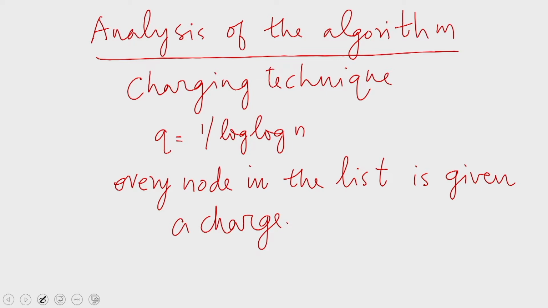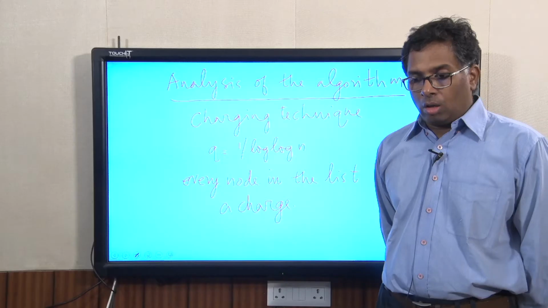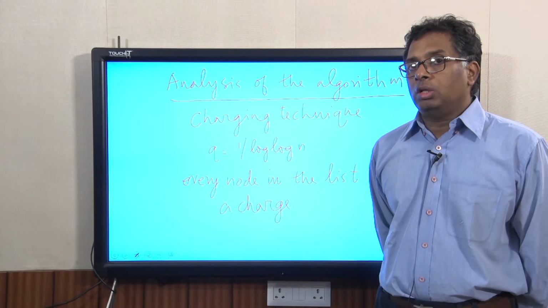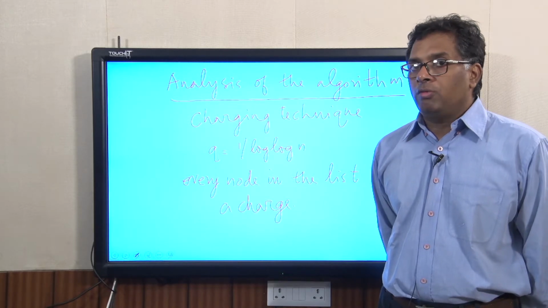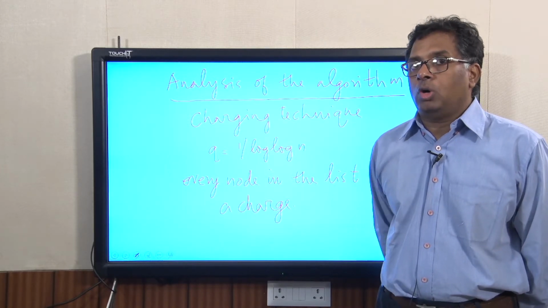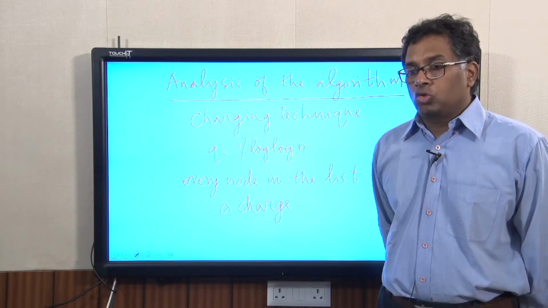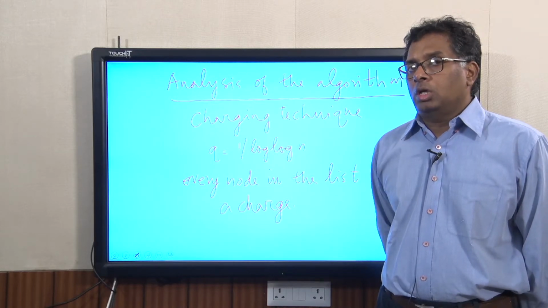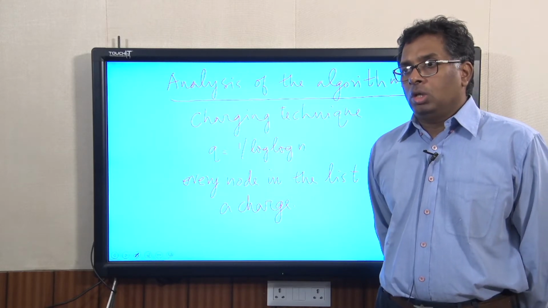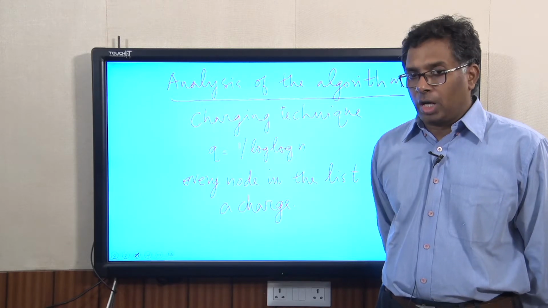So, the game that we set up is in this fashion: we distribute charges in a certain fashion over the entities of the algorithm, and then when the algorithm performs various operations, we would remove some charges from the system or redistribute the charges, so that we can ensure that with every iteration the charges reduce by a certain fraction.